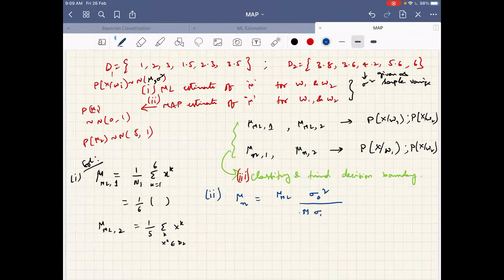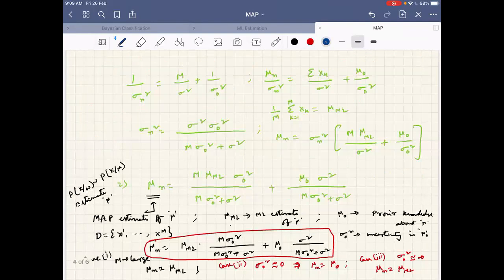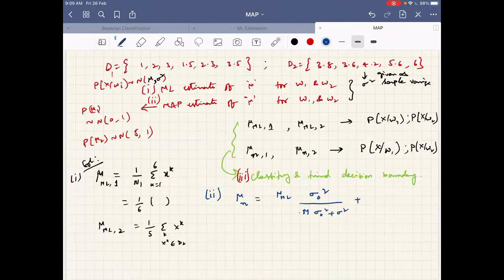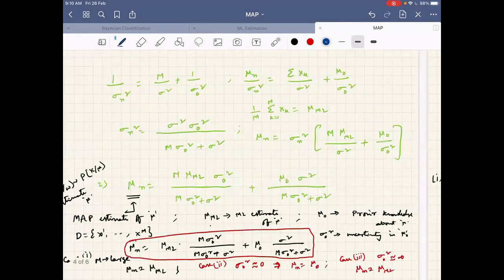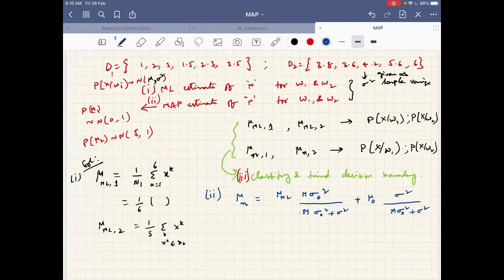So sigma naught square plus sigma square, plus mu naught into sigma square by m times sigma naught square plus sigma square. Something is missing. Yeah, here, m times sigma naught square. So this is what we had, right?